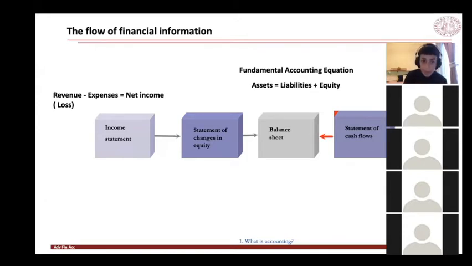Okay. Then remember that when we talk about the fundamental accounting equation, the assets are always equal to liabilities and equity, always. If they're not equal to liabilities and equity, there's only one reason why this could happen. There is only one scenario when the assets are not equal to the sum of liabilities and equity.